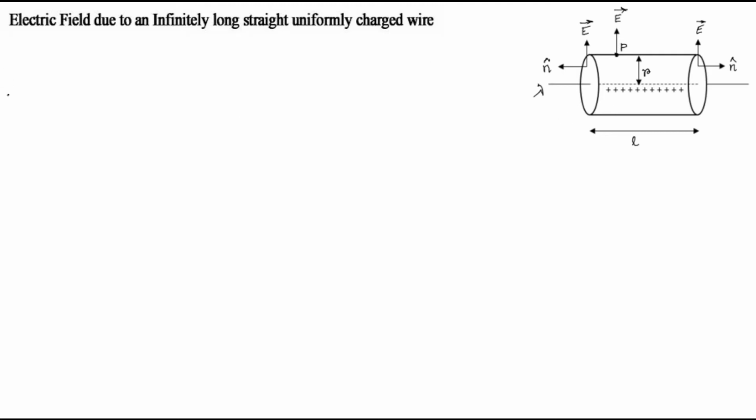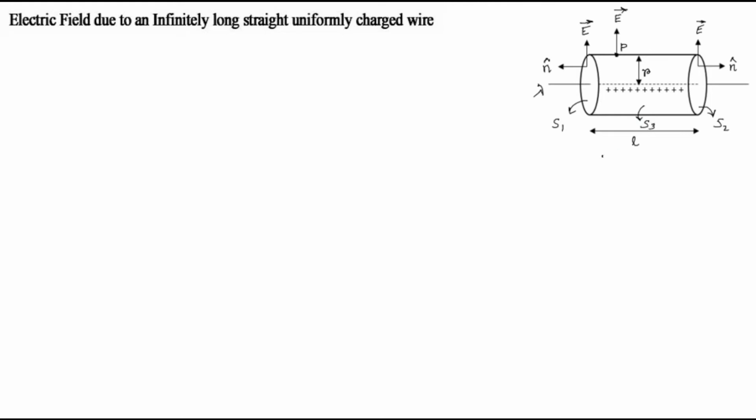So let's begin. Let me call this surface 1, let me call this surface 2, S2, and the remaining curved surface of the cylinder, these are the front face and the back face, the two flat circular faces, and this middle portion, the curved surface, is nothing other than S3.